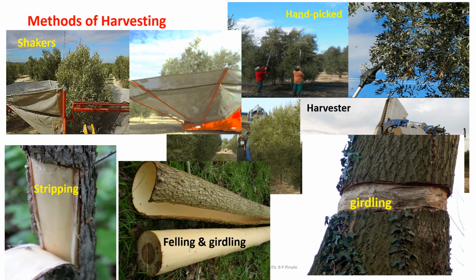One more method is the girdling method, wherein the bark is collected in a horizontal manner in this case. So these are the various modes of harvesting.